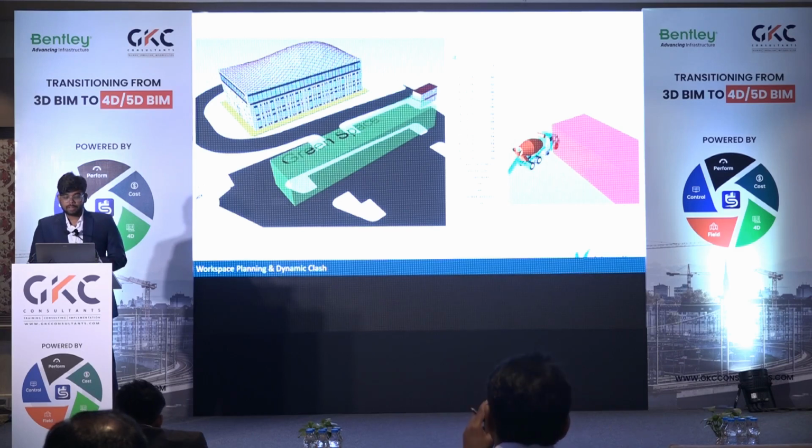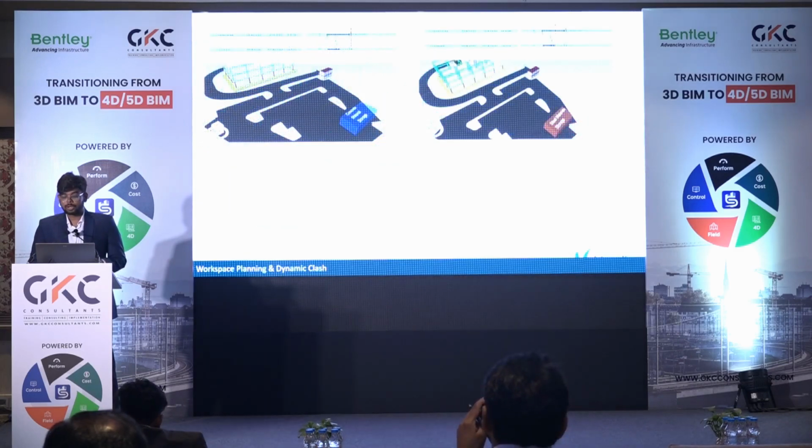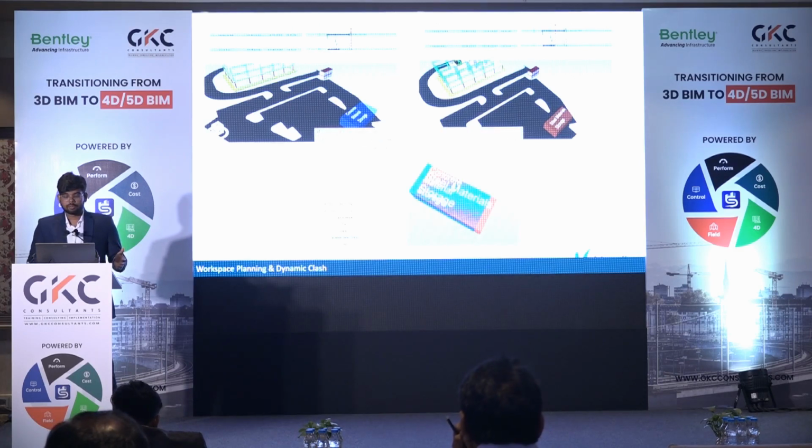But let's consider another situation where you are utilizing the same space for two different purposes. The same space is used for concrete material storage, and later it is used for steel material storage. Now at a particular time, you see that the same area has been claimed by two resources or purposes.